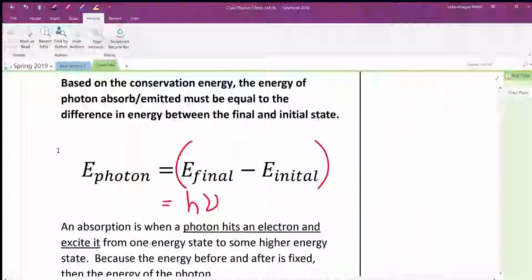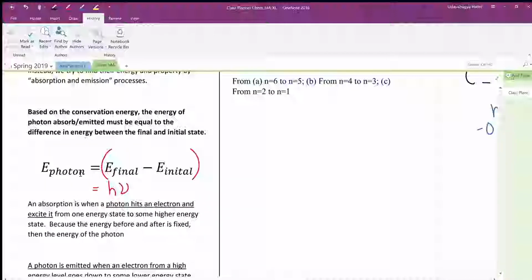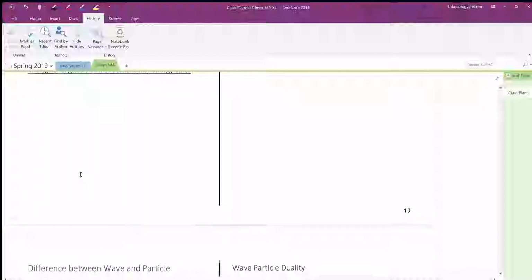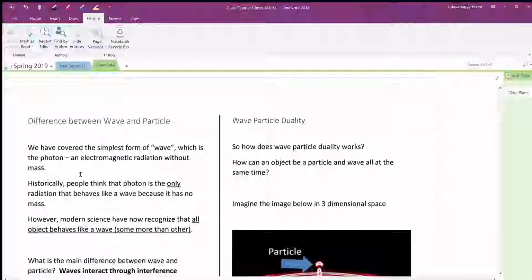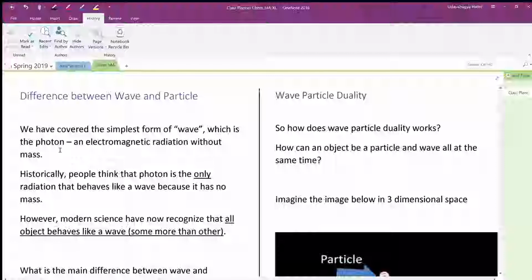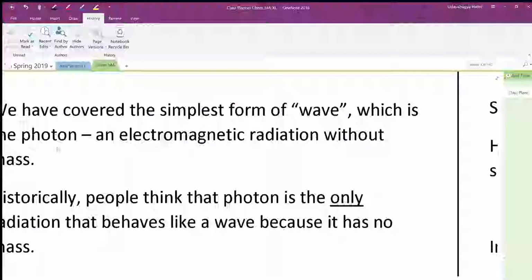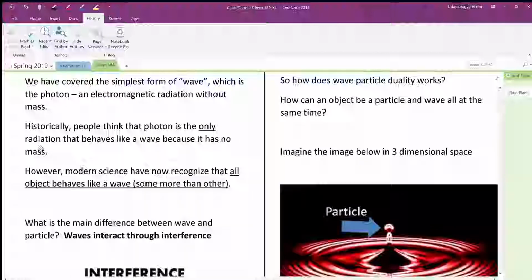So let me move away a little bit from the photons and so on. We'll do some more practice problems later on, but I do want to move on to more conceptual stuff, which is understanding the difference between wave and particle, because I asked you guys to think about electrons and so on.